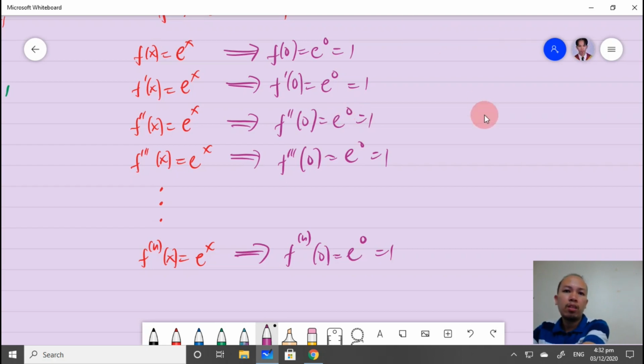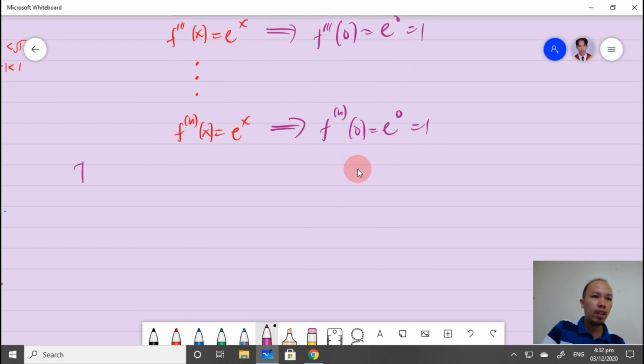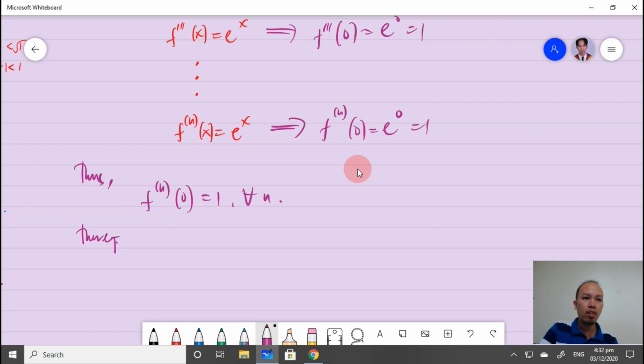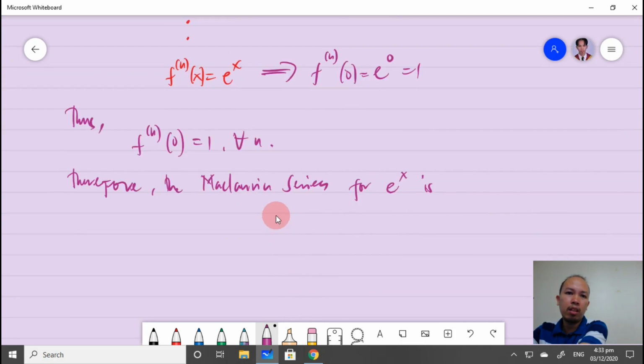Thus the nth derivative is always equal to 1 for all n. Therefore the Maclaurin series for e to the x is given by this form.